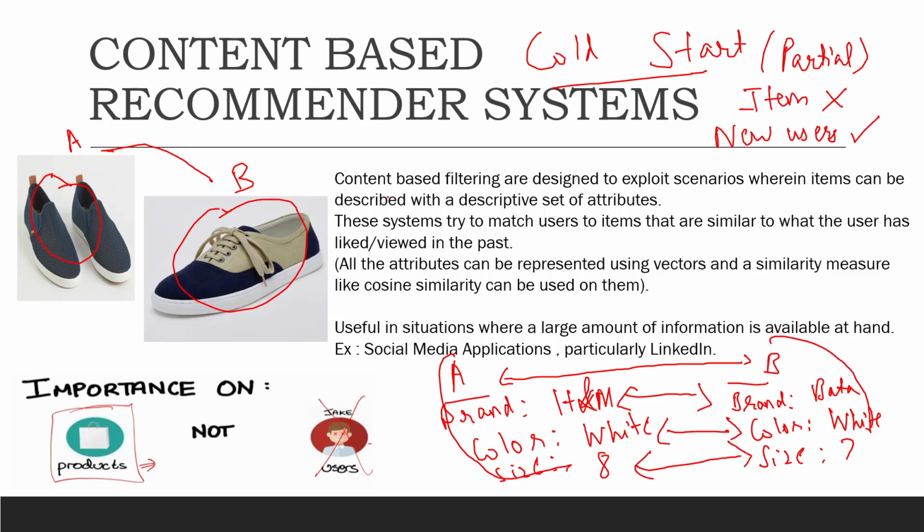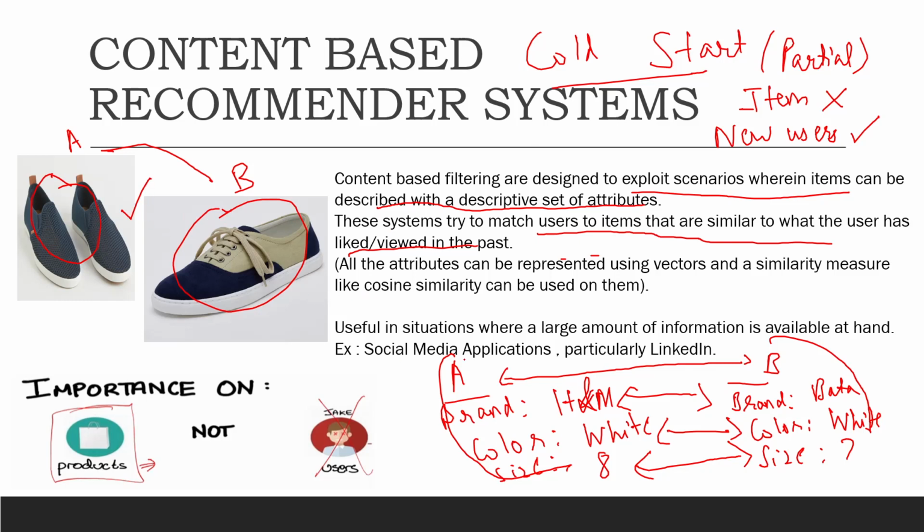That is why the definition of content-based filtering says that it's exploiting scenarios where items can be described with a descriptive set of attributes. All the items in question will be described with a descriptive set of attributes, and the system is going to try to match users to items that are similar to what the user has liked or viewed in the past. Suppose I, Arjun, have bought an H&M pair of shoes in the past.